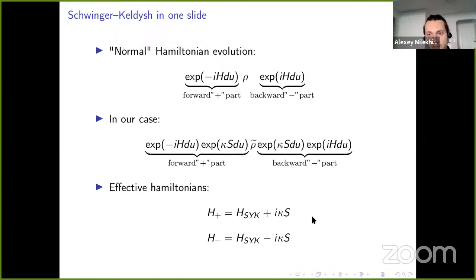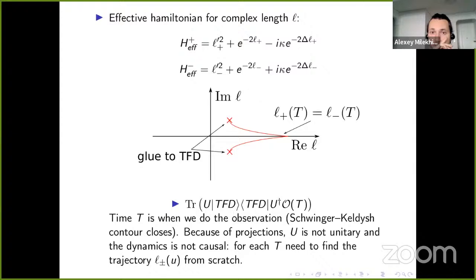But they are Hermitian conjugates, which is why they preserve the overall hermiticity of the state. I again can do this approximation when I reduce to one degree of freedom, L, but now we will have L plus and L minus. So some wormhole length on the plus part and wormhole length on the minus part. And this operator is exactly the same operator I studied before. So I again have e to the minus 2 delta L.